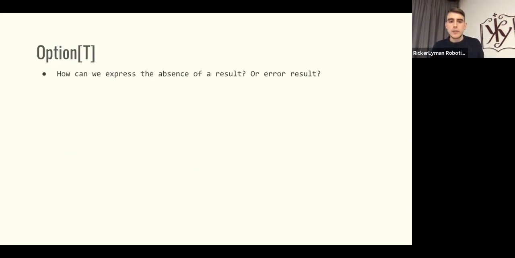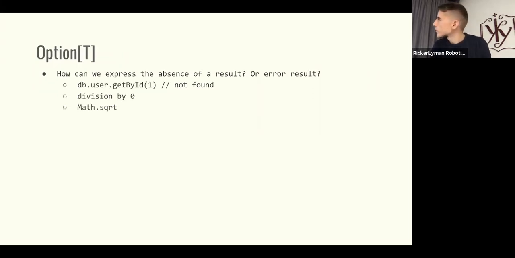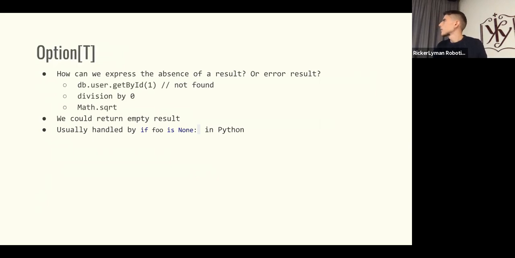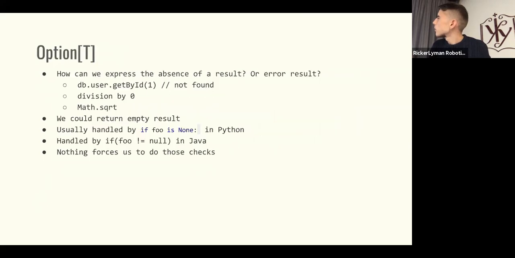This is actually a way how we can express the absence or presence of the result, or just error result. You can use this instead of exception. So whenever we have such cases, like there is something not found in database, or there is a division by 0, or square root from -1, or something like that, we can use in those cases the option data structure.